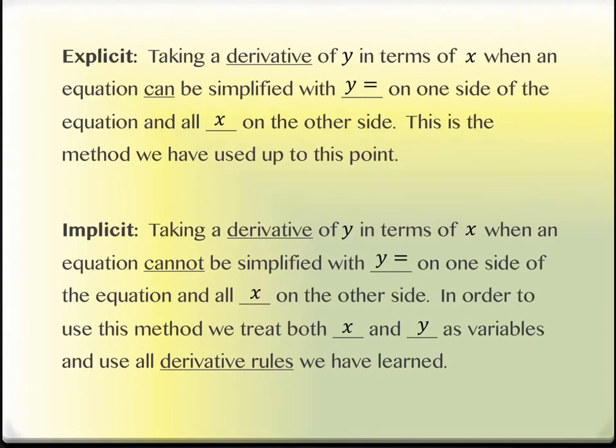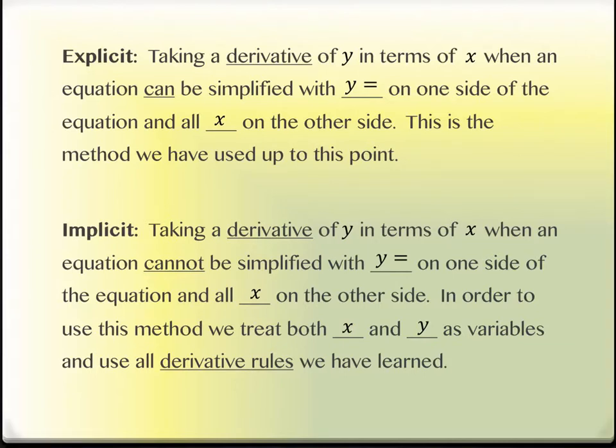While you can solve for y, it's not easy because you end up having a plus or minus involved, and it just is ugly. Some equations are simply impossible to solve for y. So implicit differentiation is what we can do when we have a derivative of y in terms of x, but we cannot simplify it to say y equals, or doing so is complicated perhaps.